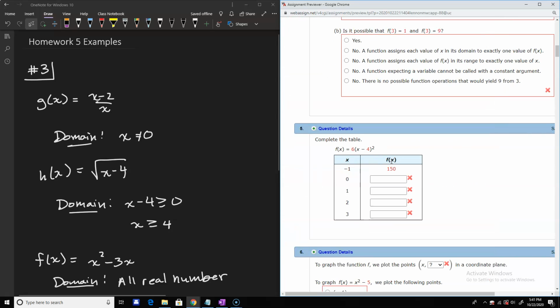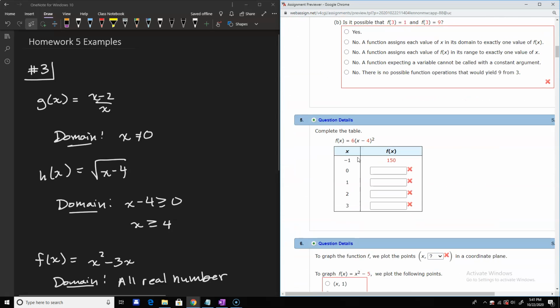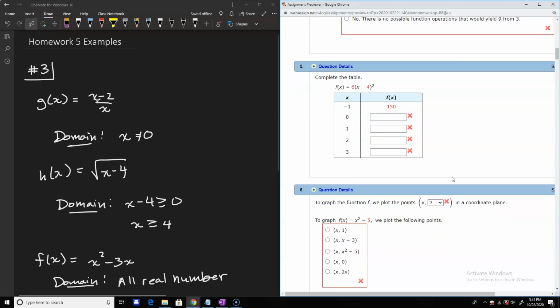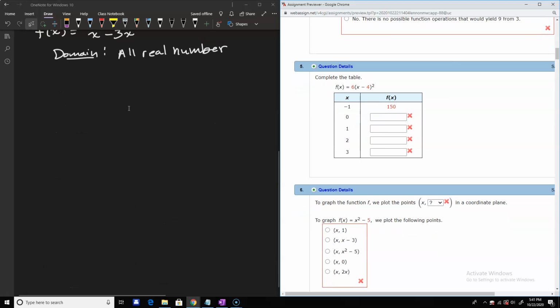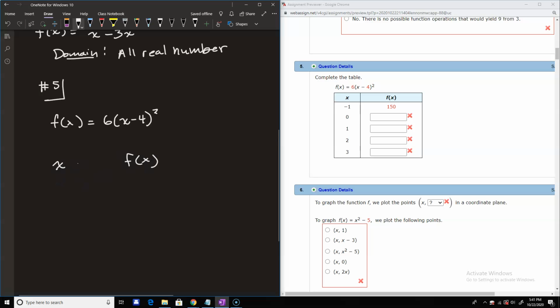Let's go ahead and look at number 5, where we complete the table. This is pretty straightforward. We're just plugging in numbers. For number 5, we have the function f of x equals 6 times x minus 4, quantity squared. We just need to be sure our order of operations are going well here.